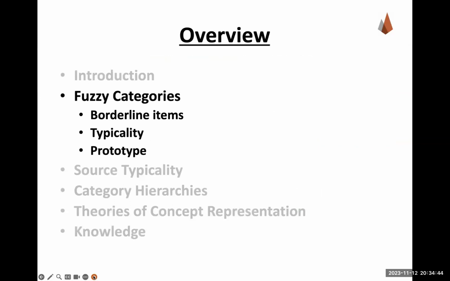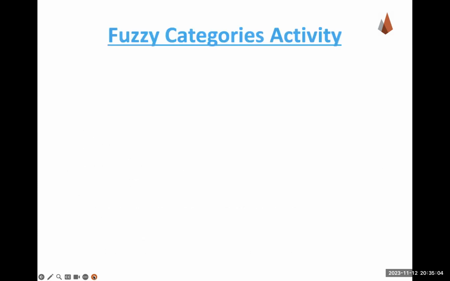Next, let's talk about fuzzy categories. We're preparing to do an activity. So you will need a sheet of paper. And we're about to sort a set of words. If you're in a space where you can do this in groups, it can work in 2 to 3.